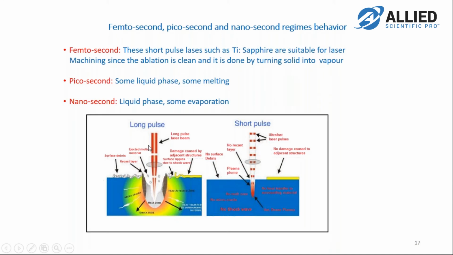But when the longer pulses come into the picture, you have all kinds of liquid physics effects happening. There's damage caused to adjacent structures, surface ripples due to shock wave, ejected molten material, recast layer, surface debris. So all of these micro cracks, shock waves, and heat affected zones, everything will take place when you have longer pulses.